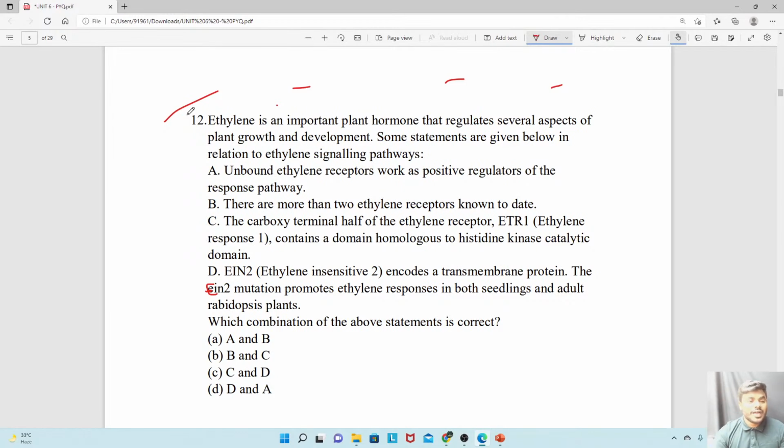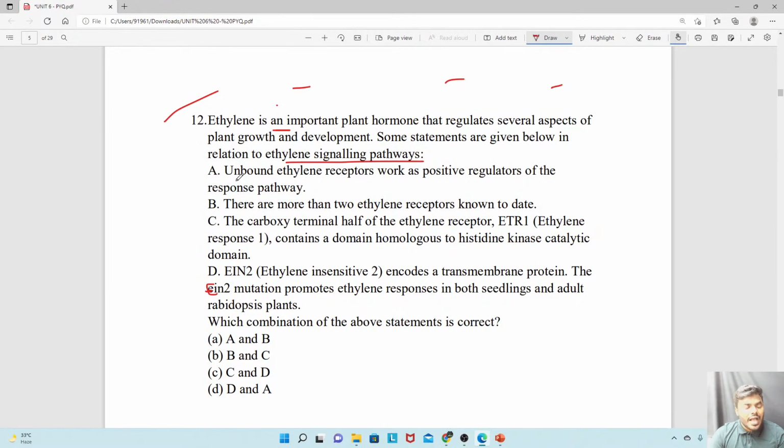Okay, look into the given question. The question says that ethylene is an important plant hormone that regulates several aspects of plant growth and development. Some statements are given below in relation to the ethylene signaling pathway. Please look at option A.